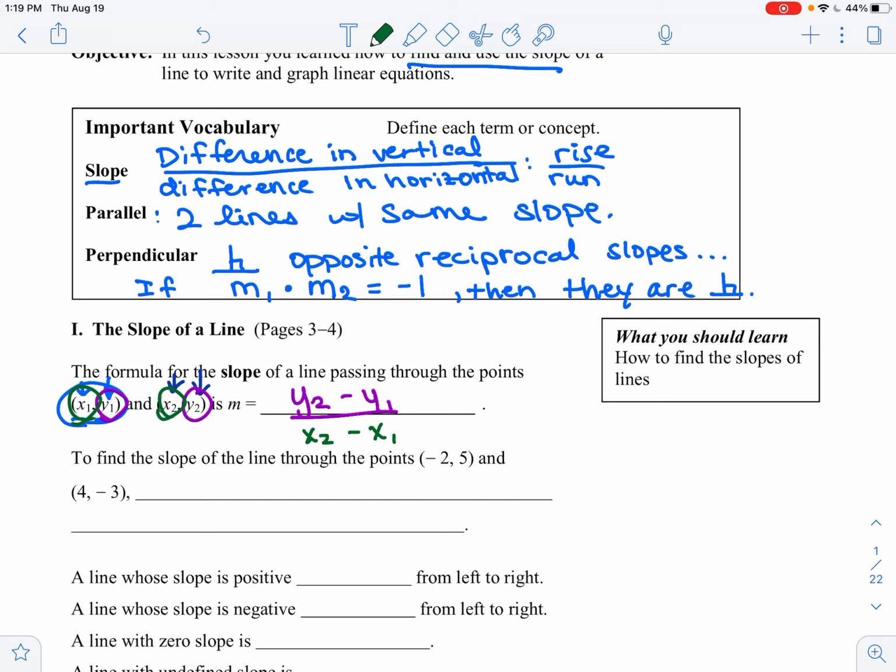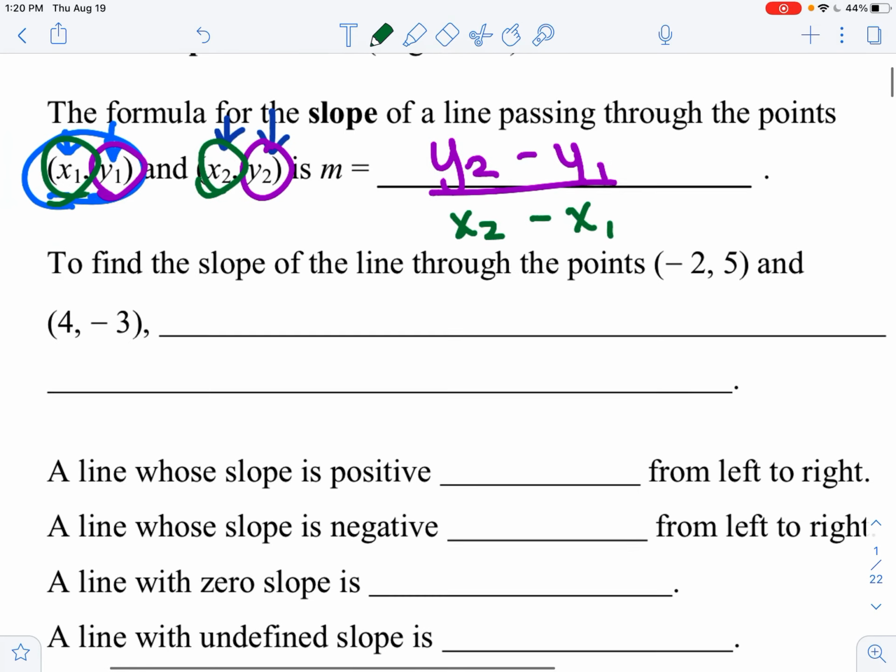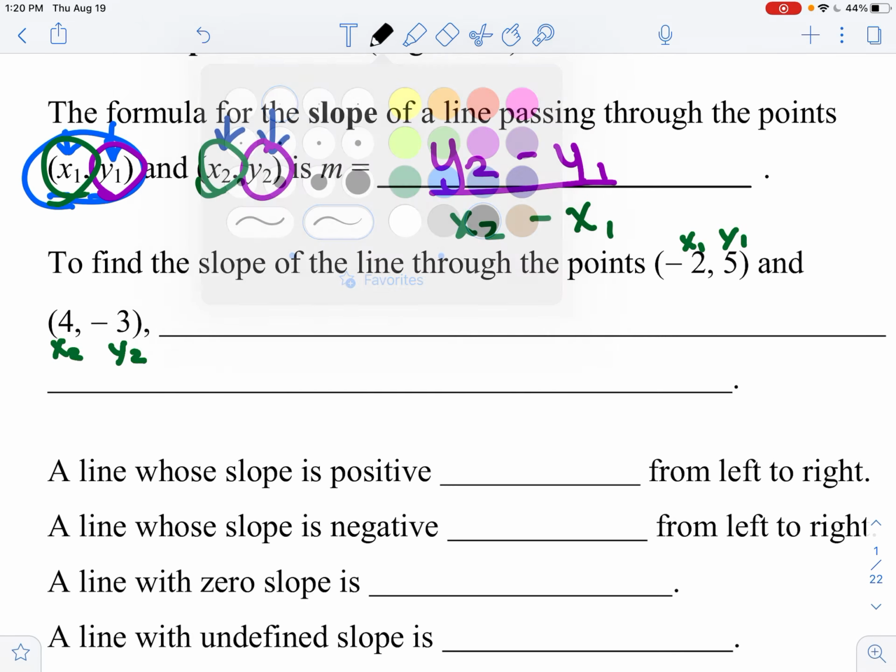So to find the slope of these 2 points, (-2, 5) and (4, -3), I'm going to label this as x1, y1, x2, y2, and I'm going to plug this in to my formula.